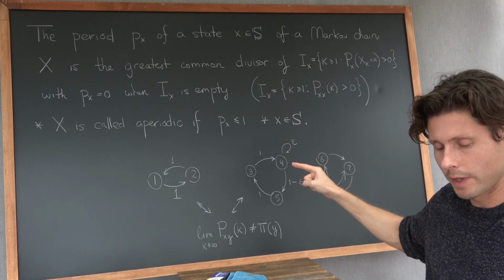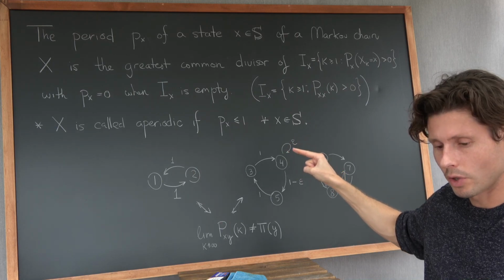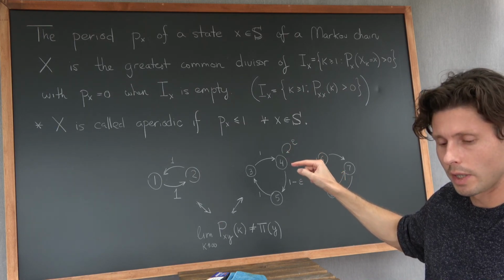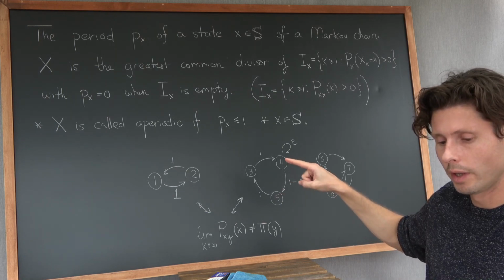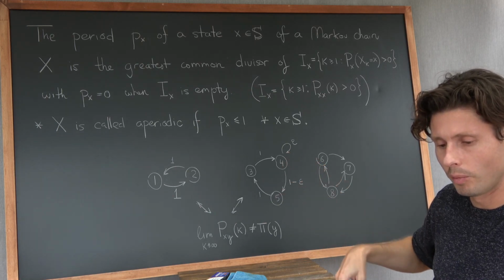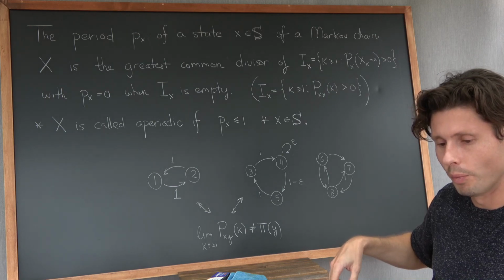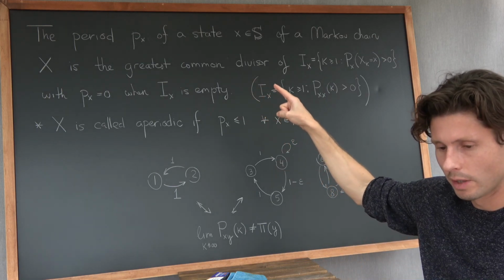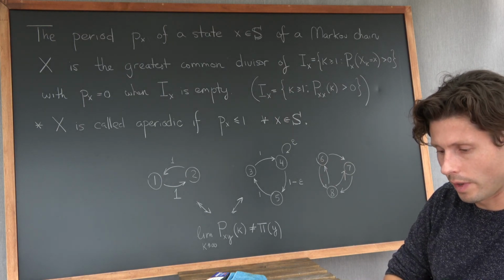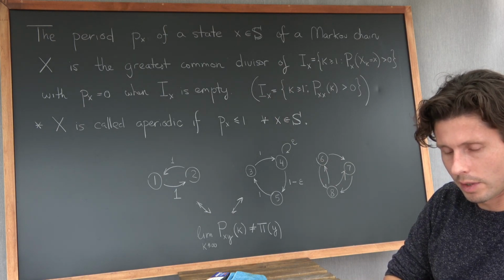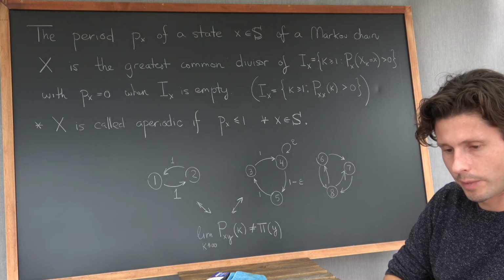Not only am I fixing the period of this state by adding this transition, I'm fixing the period of all states. And the hint there is that starting from any other state, you can get to this one and then add any number of cycles to break this greatest common divisor criterion. So that's a good thing to think through, but I think it's enough for this concept for the time being.